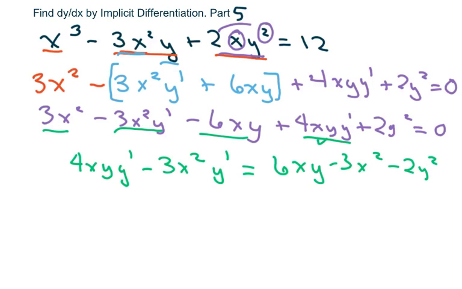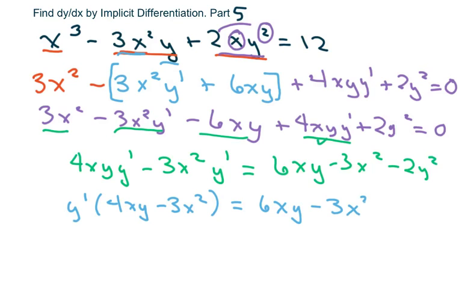Now I'm going to factor out y prime, or the derivative of y, and you get 4xy minus 3x squared equals 6xy minus 3x squared minus 2y squared.